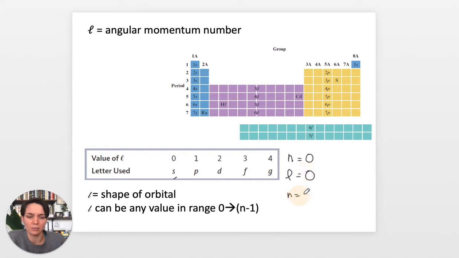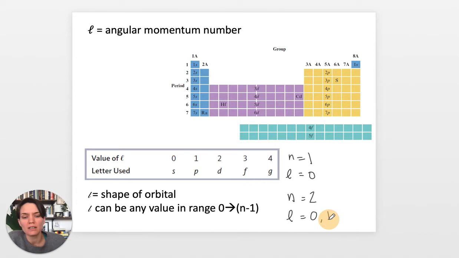N's never going to equal 0, I'm sorry. So if n equals 1, L would equal 0. If n equals 2, then L could equal 0 or 1, right? It can't equal 2 because L is limited to n minus 1.